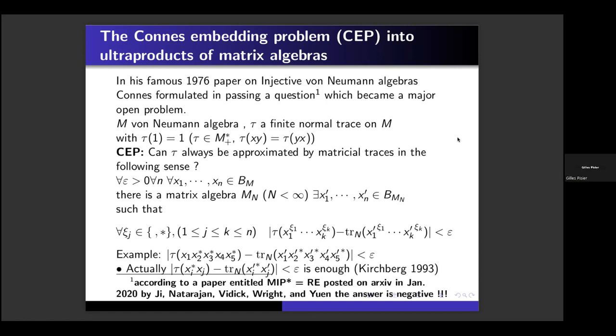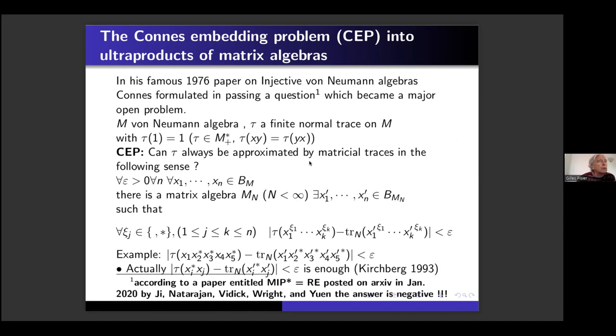So we have a finite normal trace on M, which is given to us abstractly, and on a discrete group there is a classical definition on the von Neumann algebra of a group. You have such a trace tau. Such functionals are all over the place in von Neumann algebra theory.